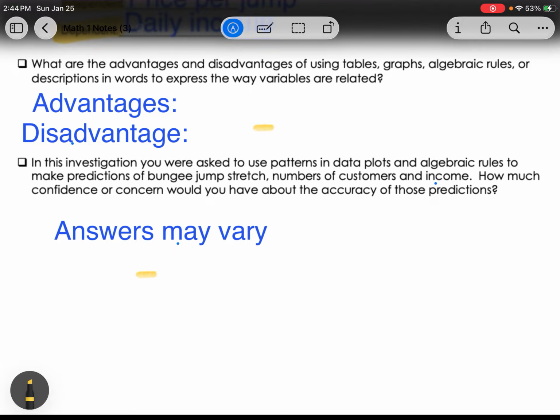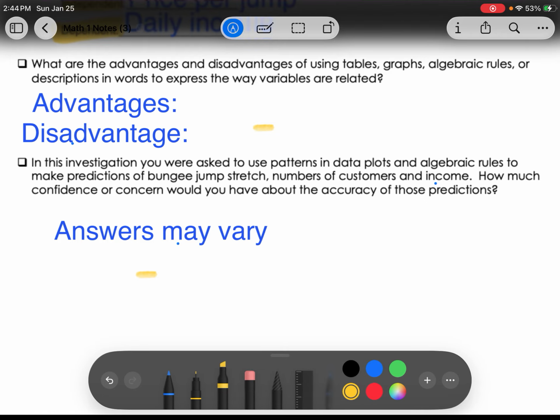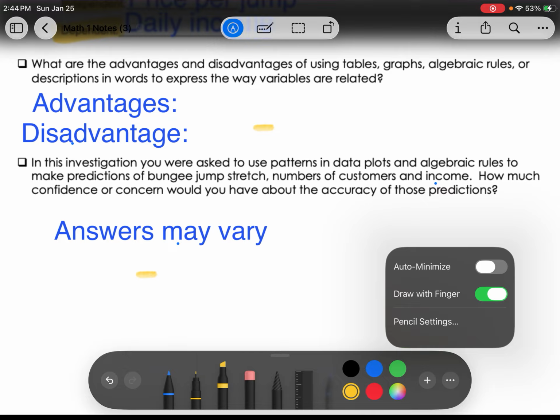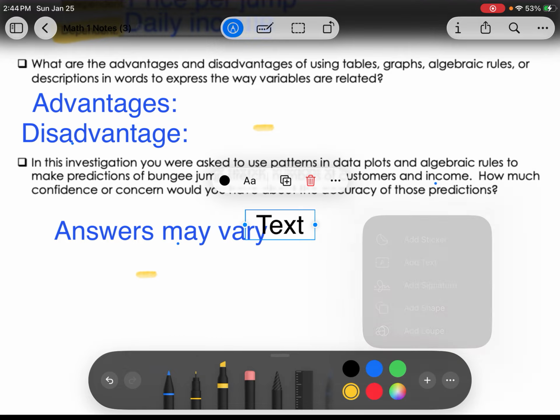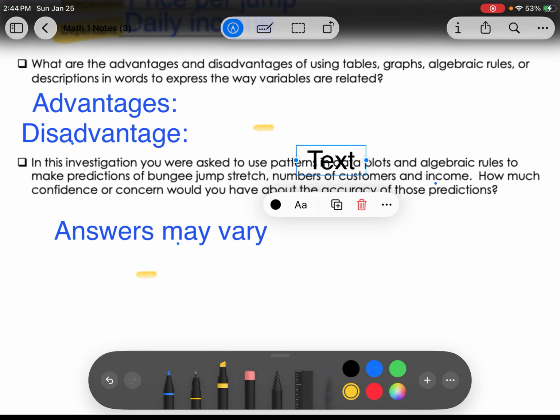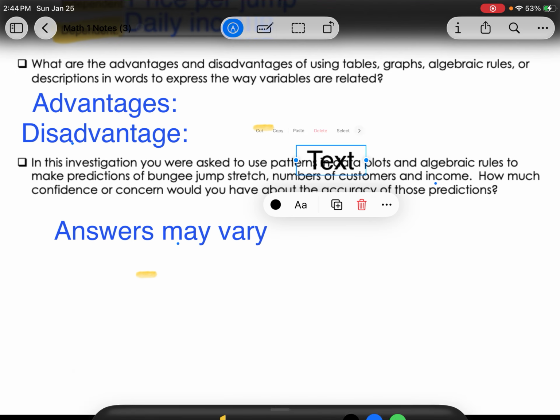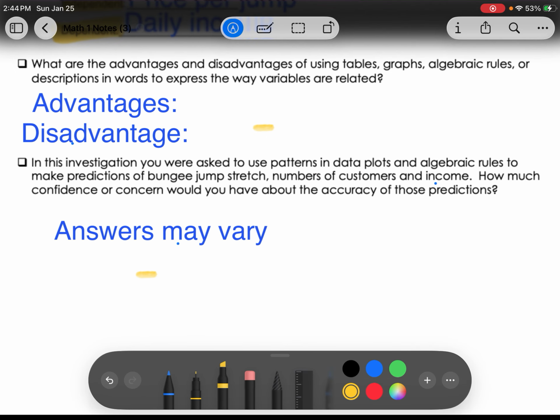You can do it for each one, or you can just write down tables, graphs, algebraic rules, and whatever. Also, if we're looking at the last one, your answer may vary. It's all dependent on you and how you feel.